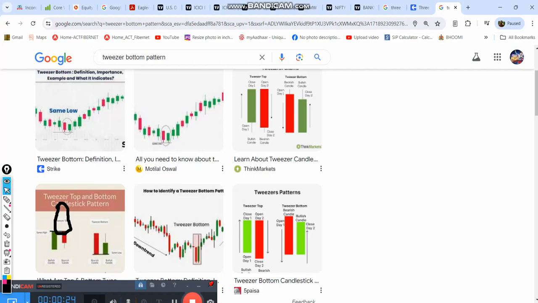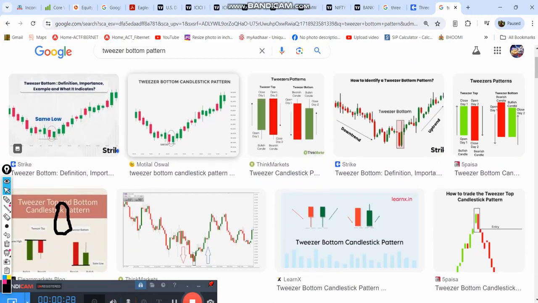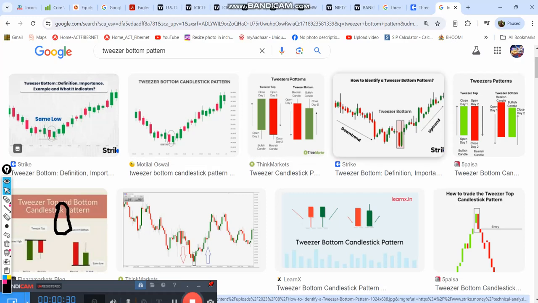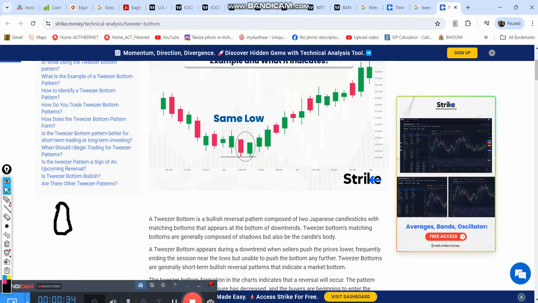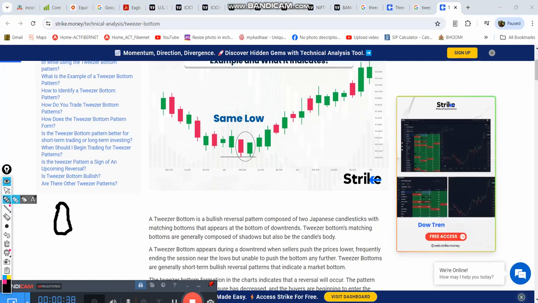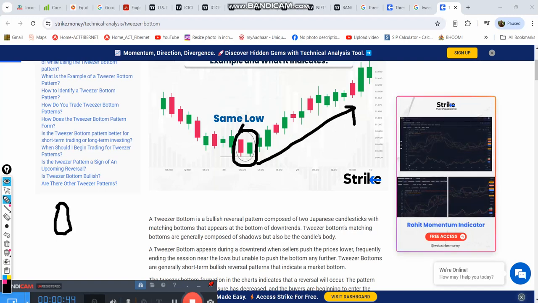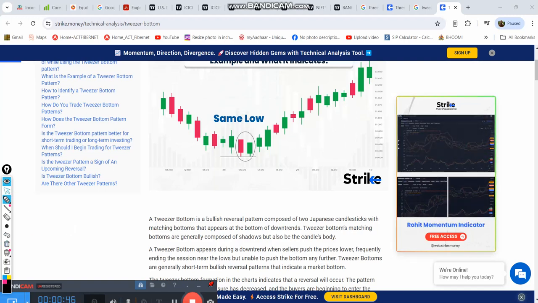Tweezer bottom, yes, this is a tweezer bottom pattern. Same low, both have the same low, and market starts going up from this point.